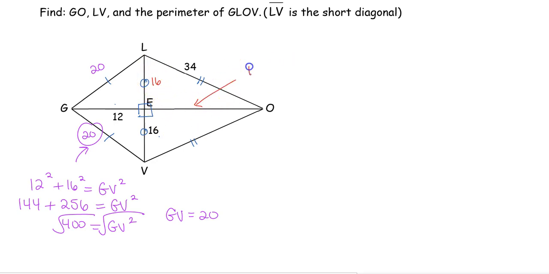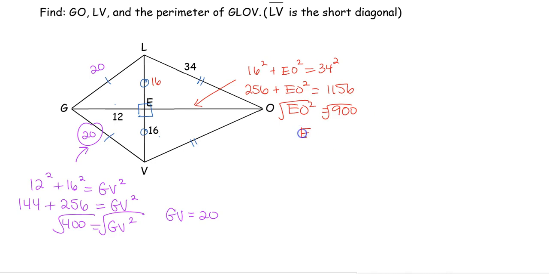We have leg squared plus leg squared is equal to hypotenuse squared. So we have 256 plus EO squared. 34 squared is 1156. We move the 256 over to get 900, and again we want EO, not EO squared. We find that EO is going to be 30.